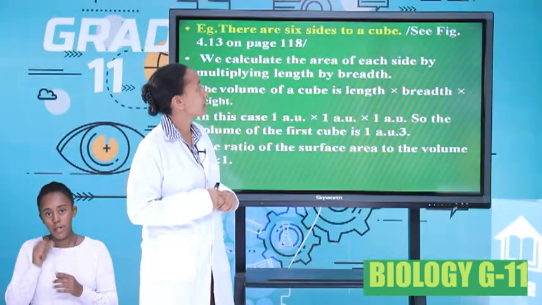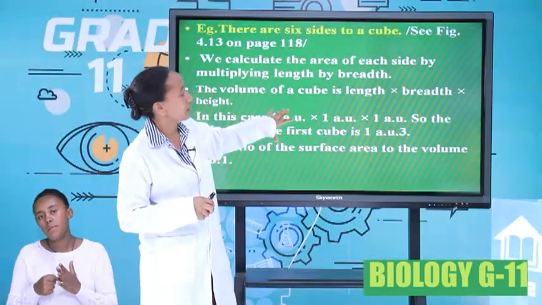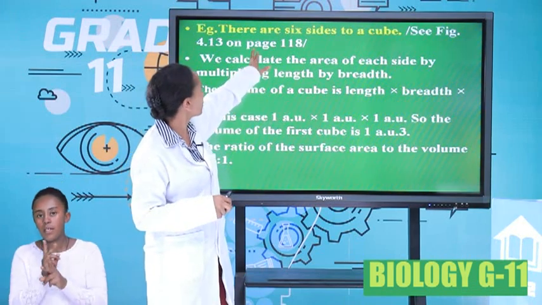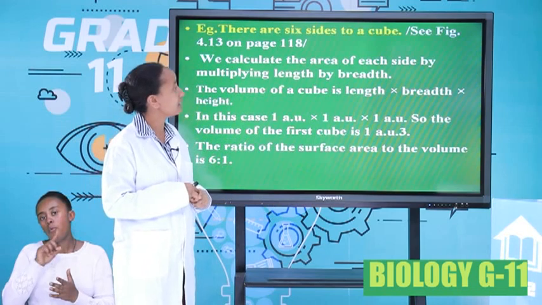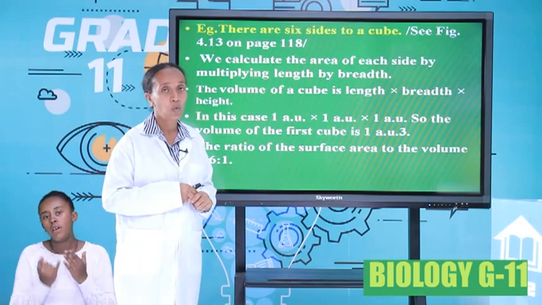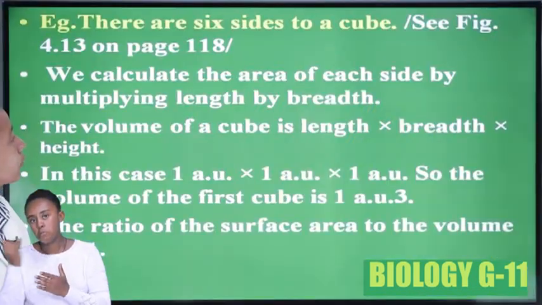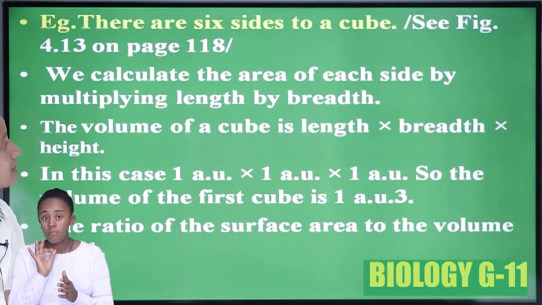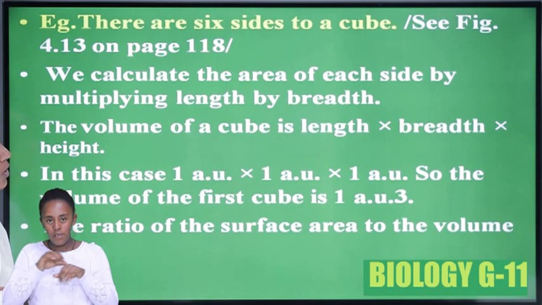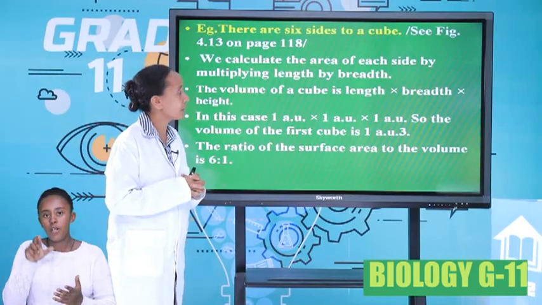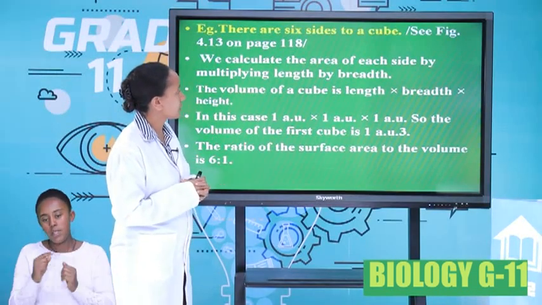To understand this example, you are expected to see your textbook on page 180, figure 4.13. If you found the page, now let's see the concept of surface area to volume ratio in relation to the size of the cell.